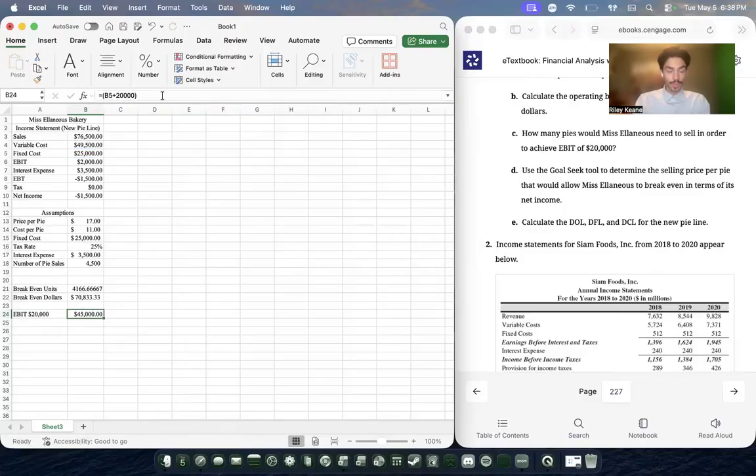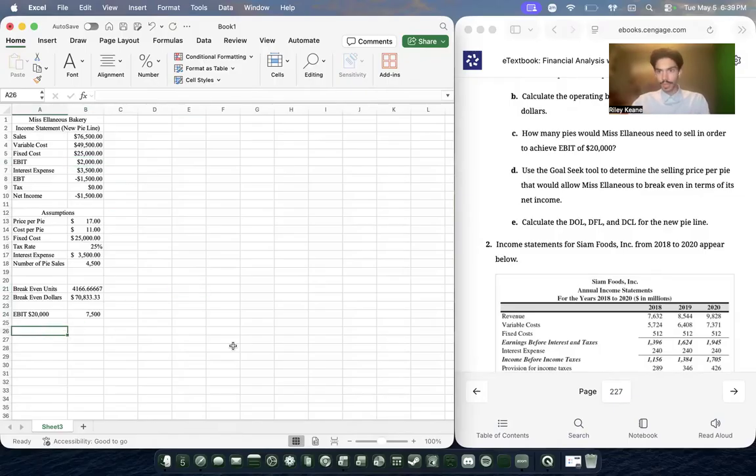So we're going to need $45,000 in marginal profit. So we can divide that by the marginal profit. So to get our EBIT to $20,000, we're going to need to sell 7,500 pies. So that's 3,000 more than what we're currently at to get our EBIT specifically to 20,000.